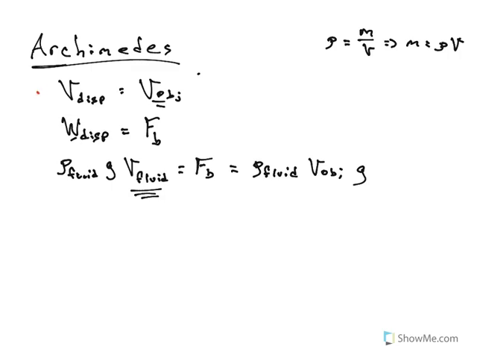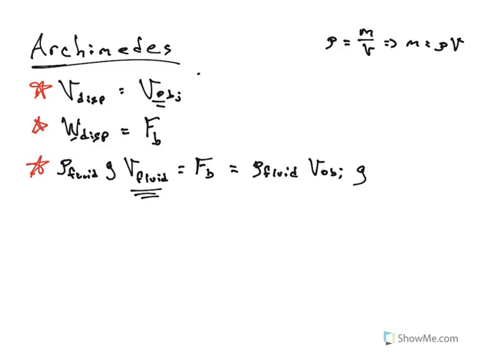And so here I have my three big relationships for Archimedes' principle. If you place an object in the water, then number one, the volume of the object you placed in that water is the same as the volume of the water that's displaced, that is moved out of the way.